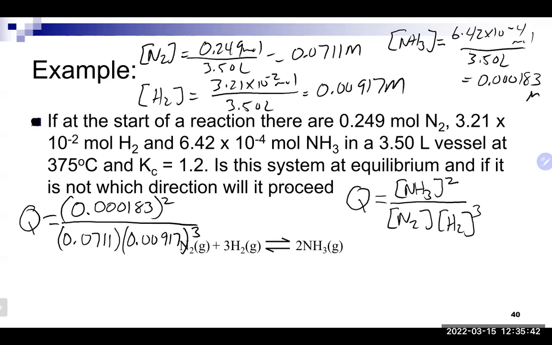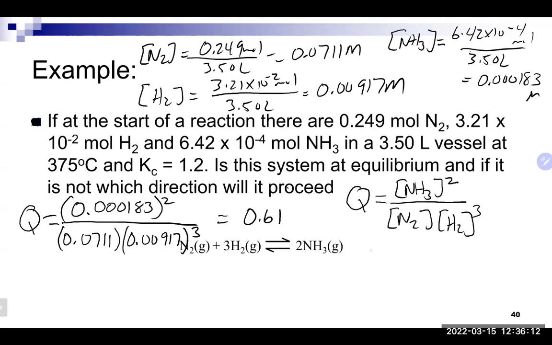That's 0.000183 squared divided by 0.0711 divided by 0.00917 cubed. Looks like it gets us a Q value of 0.61-ish. Any questions so far on that calculation?